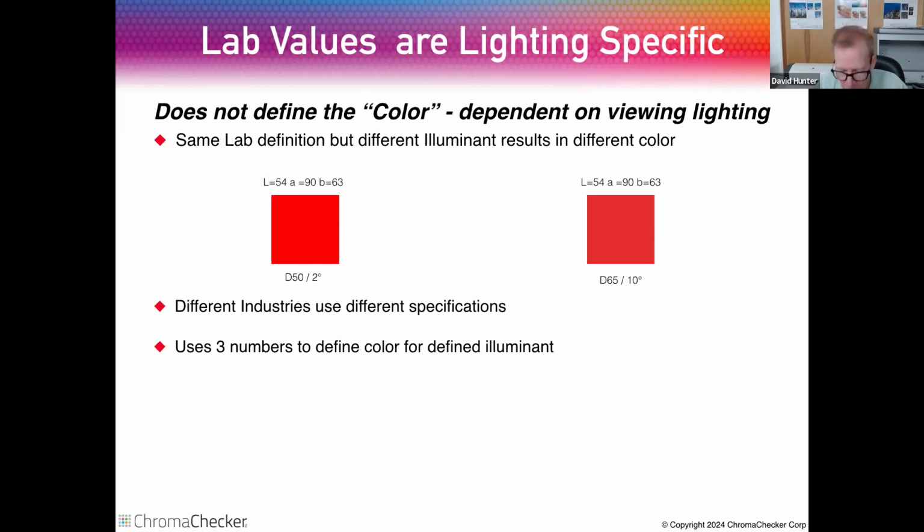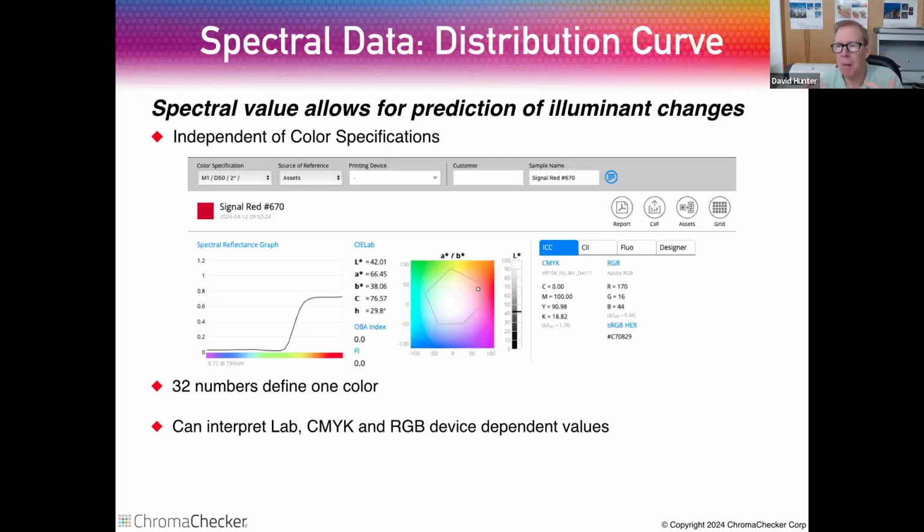So this is where spectral data comes in. It only takes three numbers to define a LAB color, but spectral data is the granddaddy of defining a color, in that it uses 32 numbers to define one color. And from spectral data, you can interpret LAB data in any illuminant.